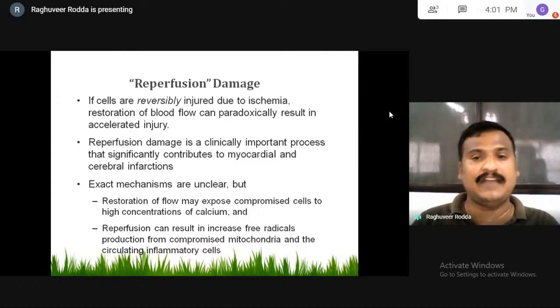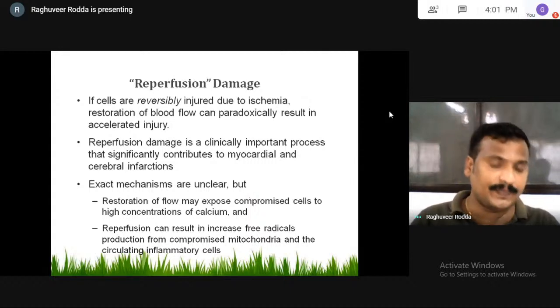So reperfusion damage is a clinically very important process, which is going to cause myocardial as well as cerebral infarctions.